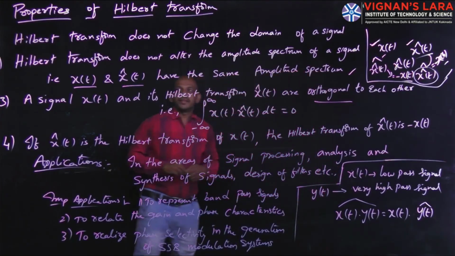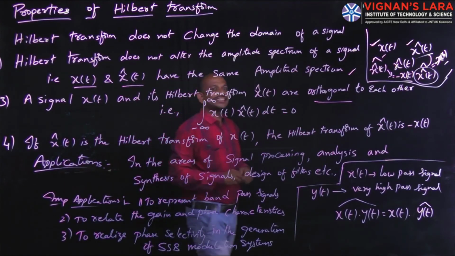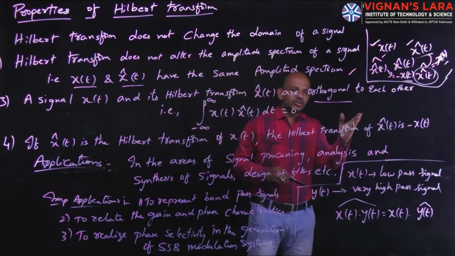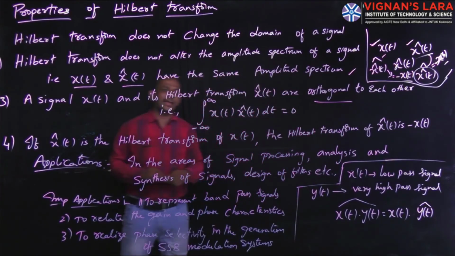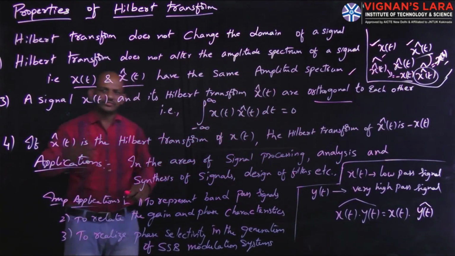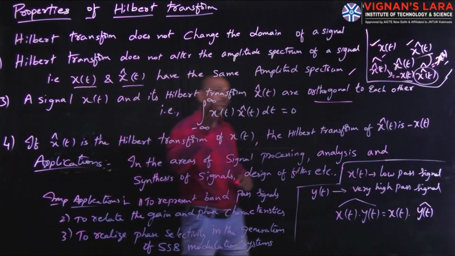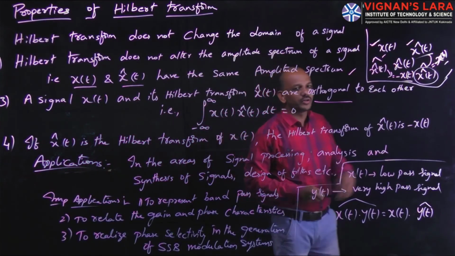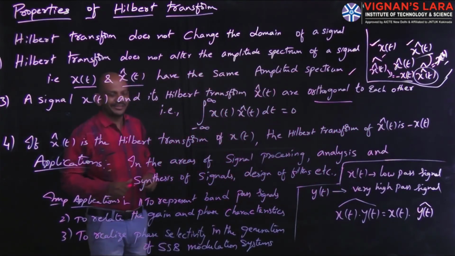And third one, a signal x of t and its Hilbert transform x cap of t are orthogonal to each other. That is, integral from minus infinity of x of t into x cap of t dt equals 0. And the last one, if x cap of t is the Hilbert transform of x of t, then the Hilbert transform of x cap of t is equal to minus x of t. So these are the four properties of Hilbert transform.